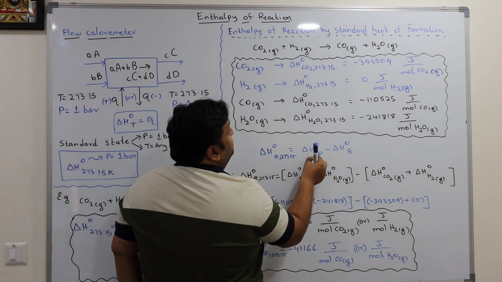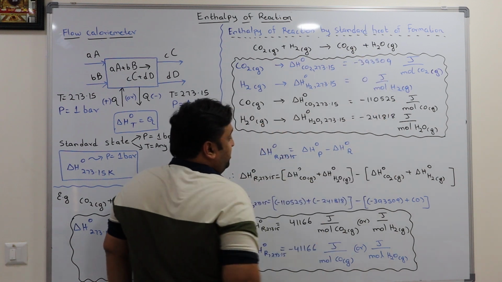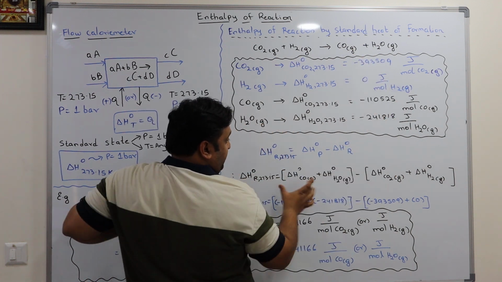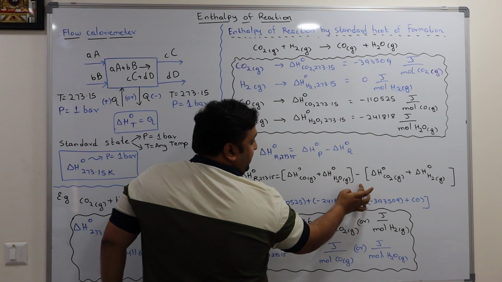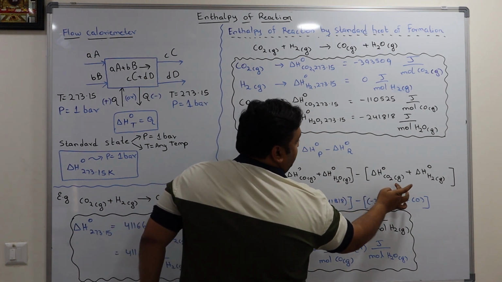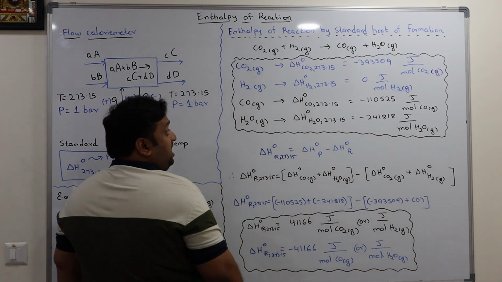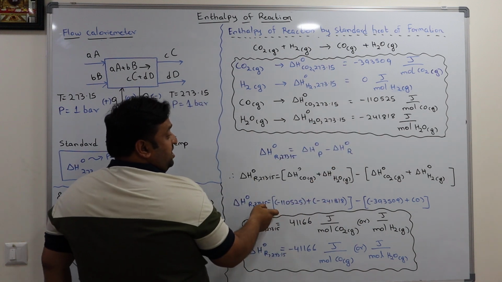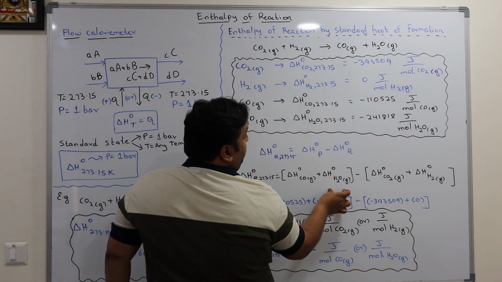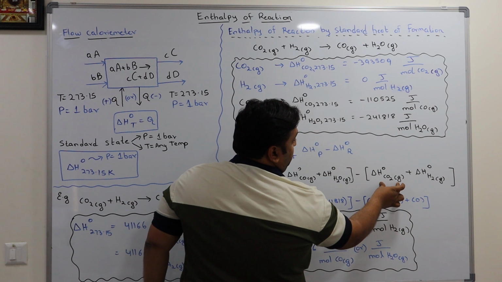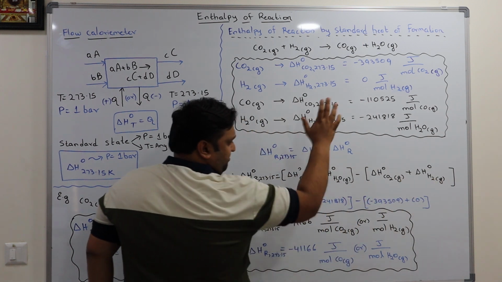What are my products? My products are carbon monoxide and hydrogen. That is why it is enthalpy of the products minus enthalpy of the reactants. My reactants are CO2 and hydrogen gas. Let us put all those values. I know CO, I know H2, I know formation data of CO2, I know formation data of H2, everything is listed.